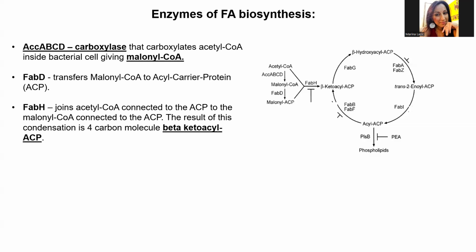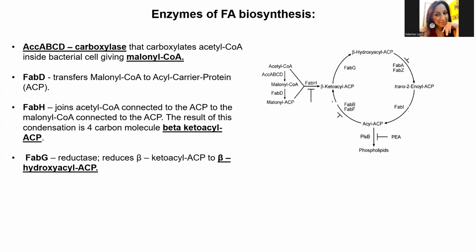That's the substrate for the next enzyme, so this ketoacyl, and the enzyme is FabG. So this FabG reductase is going to reduce ketoacyl to now hydroxyacyl ACP. Again, we are having it connected to ACP.